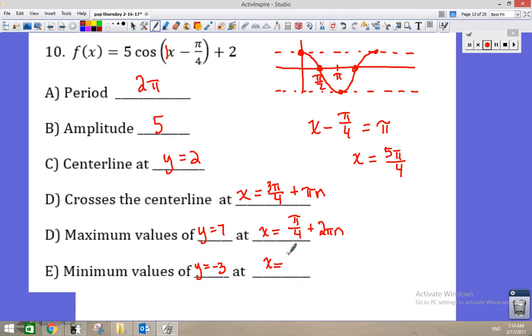So if we input 5 pi over 4, we're taking the cosine of pi, which is -1. Positive 5 times -1 is -5, and -5 plus 2 is -3. The next time that you're at a min is an entire cycle away, and the length of that cycle for this problem is 2 pi. So there we go. There's our answers for number 10.